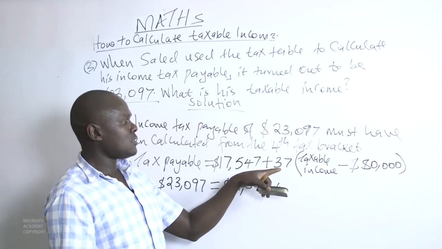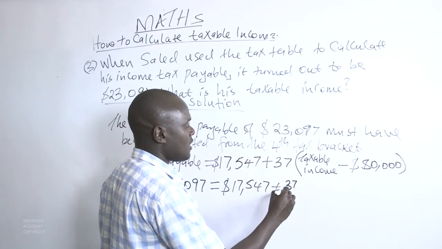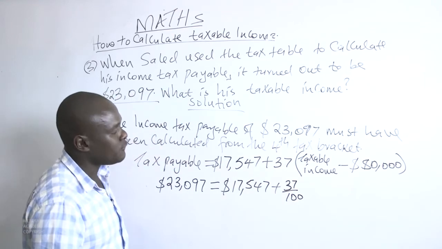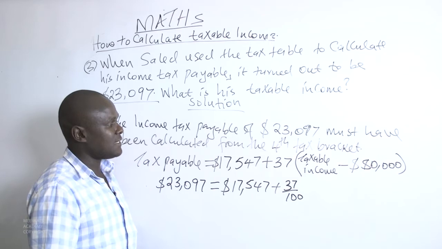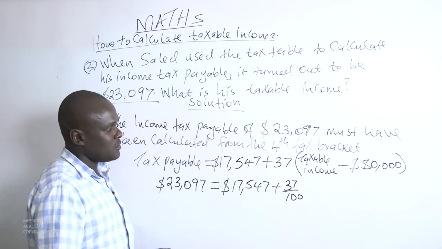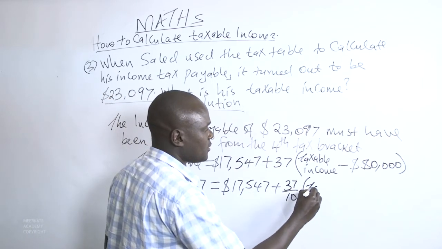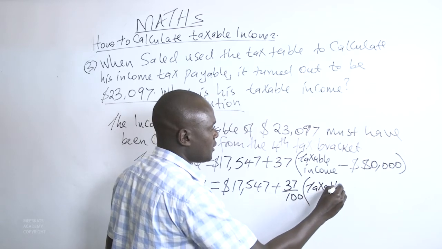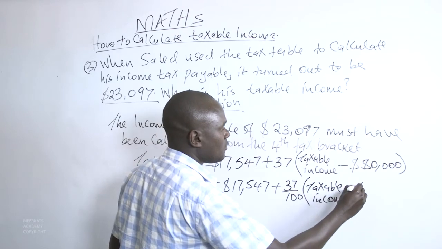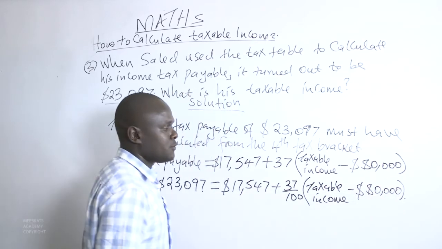Remember, 37 cents can be written as 37 out of 100, because cent means 100 parts. And then we have our bracket, the taxable income that we are calculating.